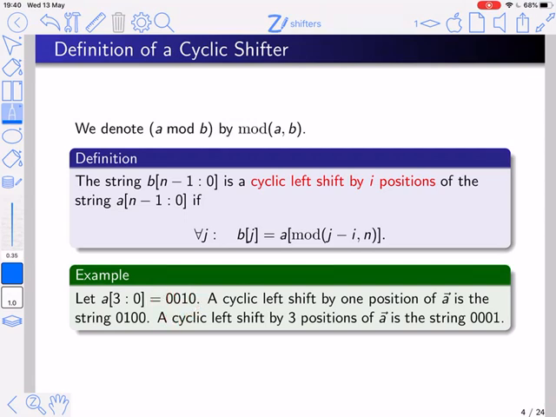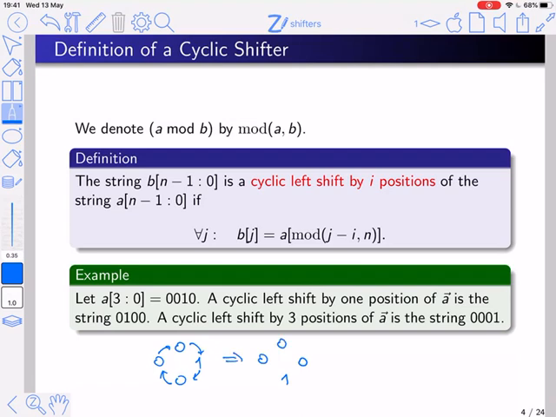So when you do this cyclic rotation, you started with, let's say, 0, 1, 0, 0, and now you moved everything by 1 position. So now this 0 will be over here, the 1 will move to here, this 0 will move to here, and this 0 will move to here.